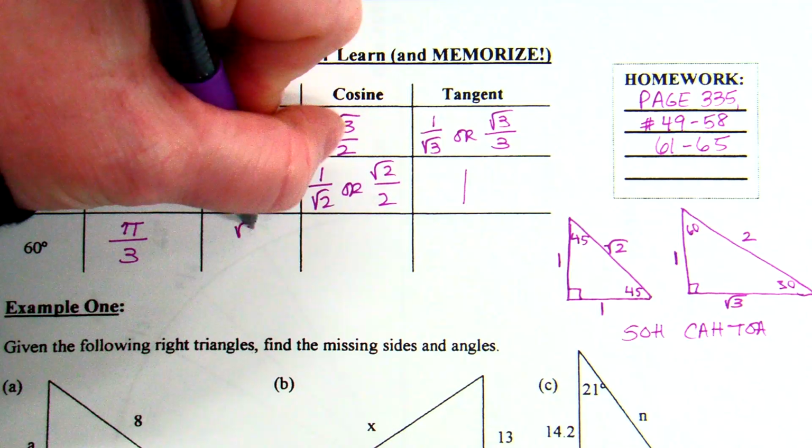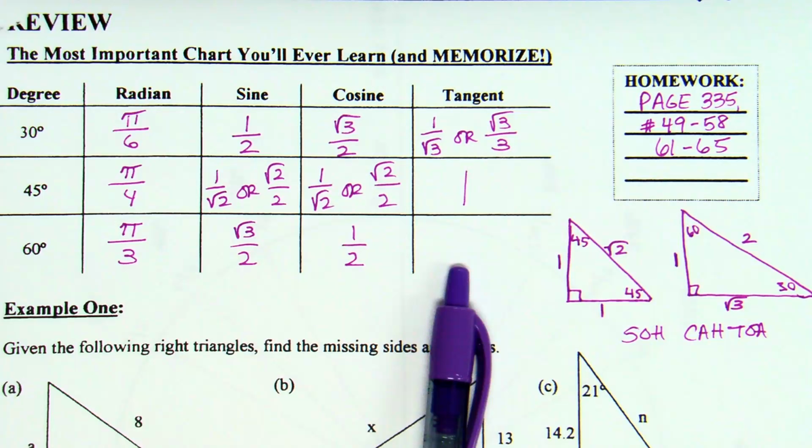Cosine of 60 is the same as sine of 30, 1 over 2. Could we also use our triangle? Yes, opposite over hypotenuse and adjacent over hypotenuse. Remember anything about the tangent of 60? Square root of 3. It is the reciprocal of tangent of 30. So it's square root of 3 over 1, or square root of 3.